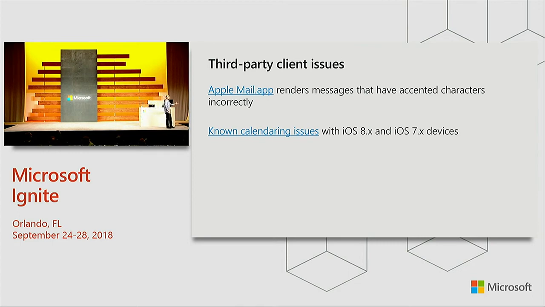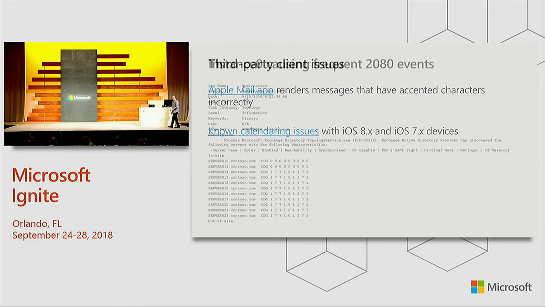That's a solution only Apple can provide. And also with iOS devices, there are several known calendaring issues, and this topic gets updated fairly regularly as new issues arise, so we'll keep recycling the same one document for you to have just one place to go and see this stuff.